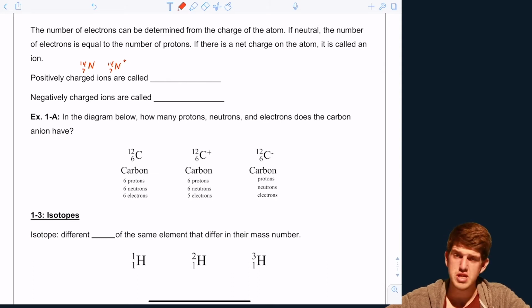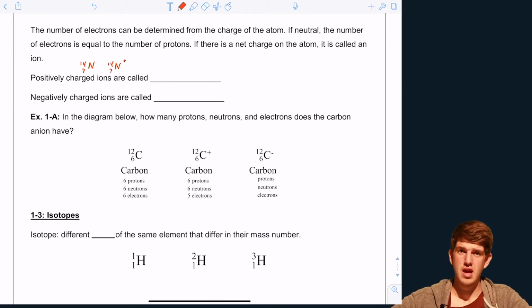So where is this positive charge coming from? That positive charge is going to be a result of a difference in electrons. I have two different subatomic particles that give an atom a charge: protons that are positively charged, and electrons which are negatively charged.